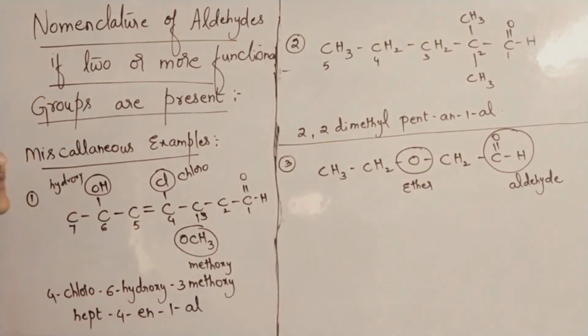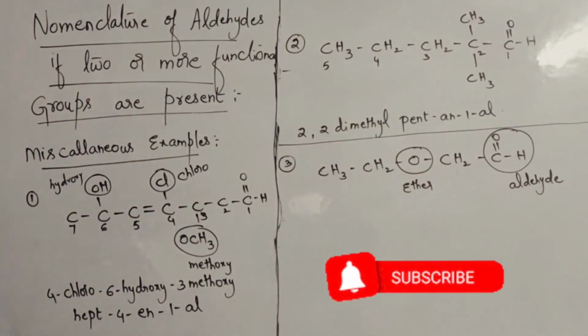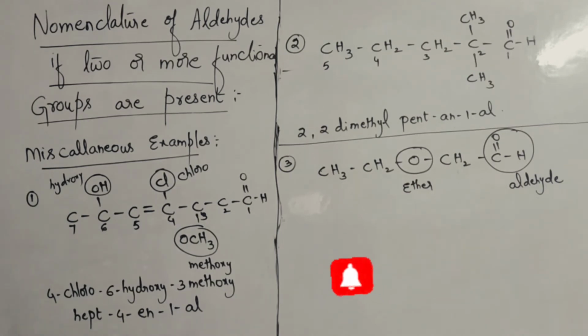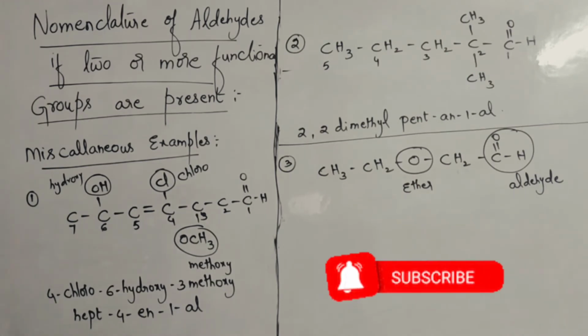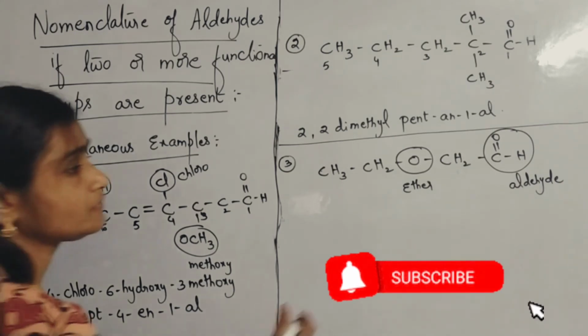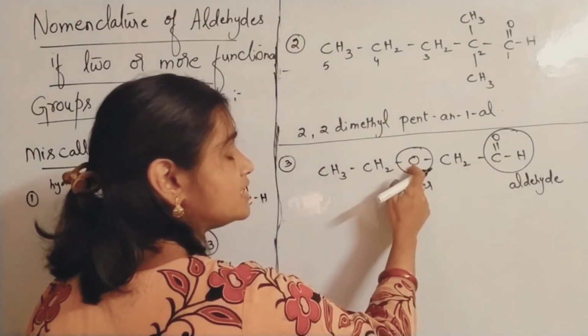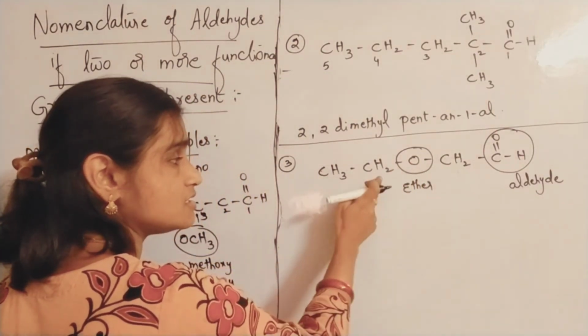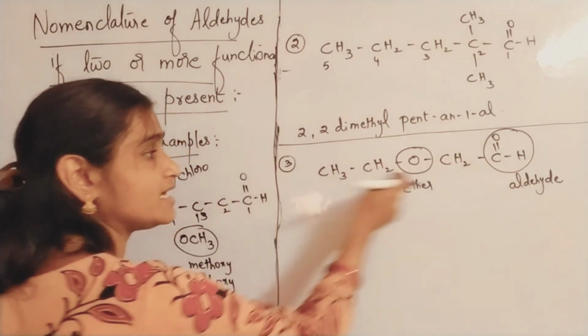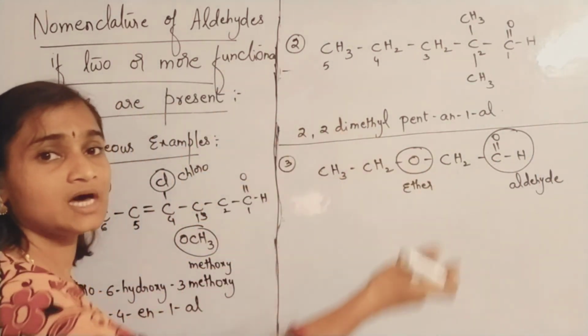So what will be the name of this compound? Try to guess the name of this compound. See here, this is aldehyde, and here for this oxygen, one alkyl group is attached this side and another alkyl group is attached on the other side.